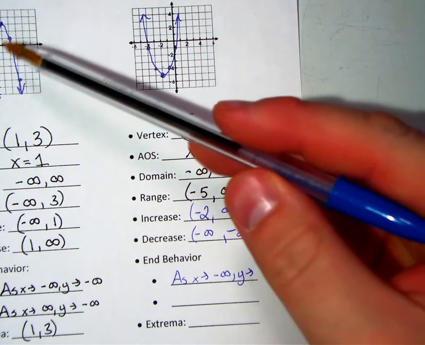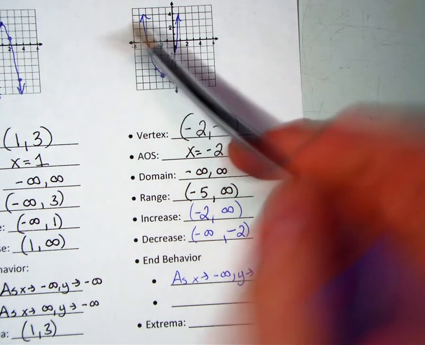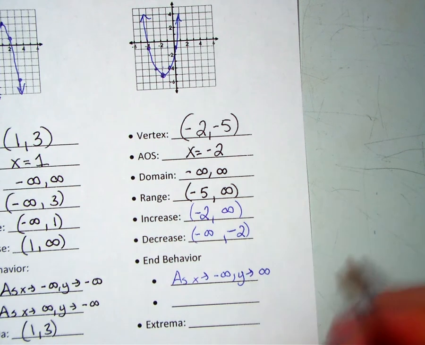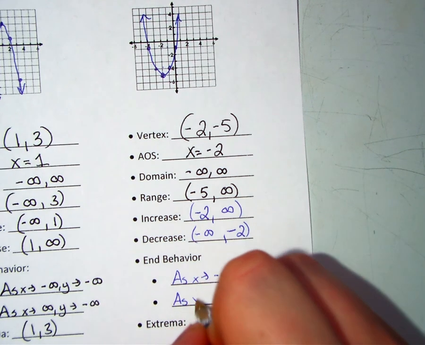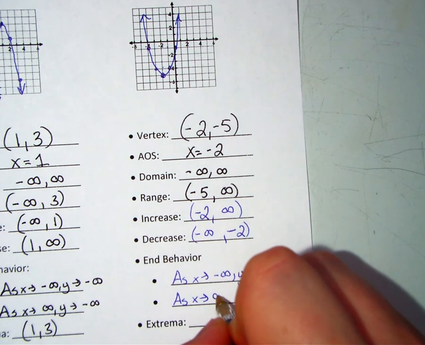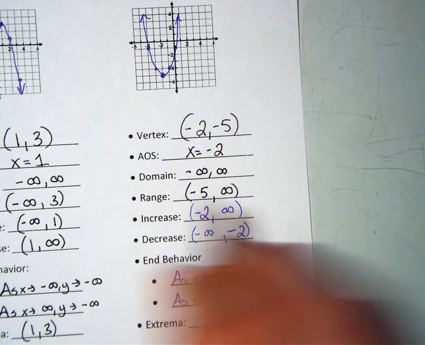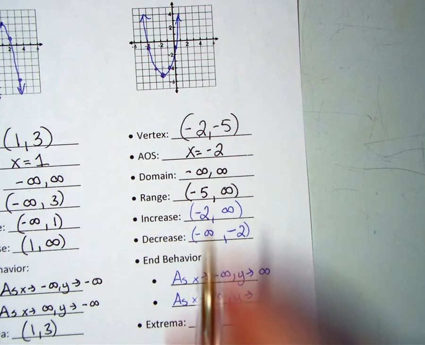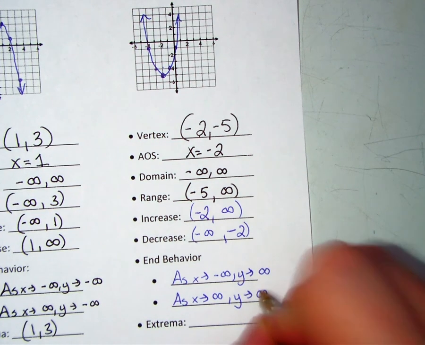So as my x's go further left, which direction do my y's go? They go up. So y is approaching infinity. As x approaches infinity, in other words, as my x's go further to the right, my y's go further up, so they are also approaching infinity.